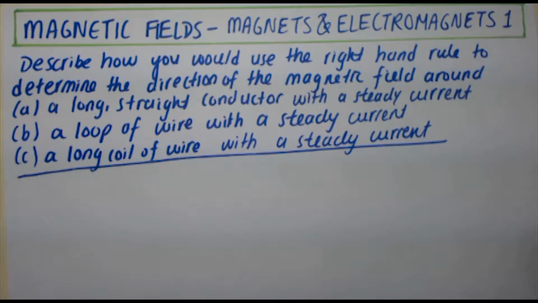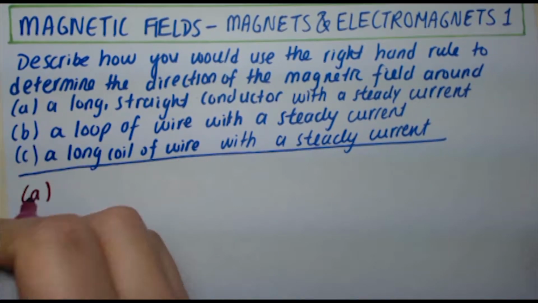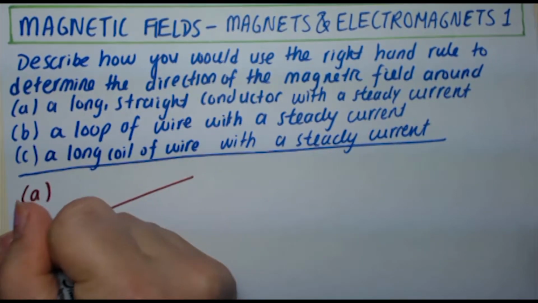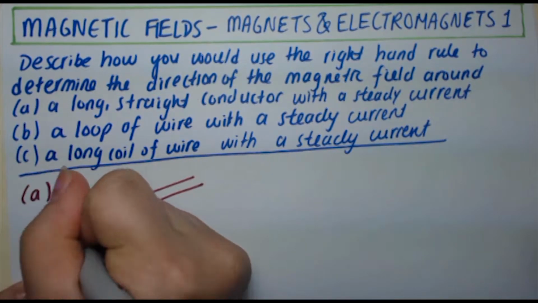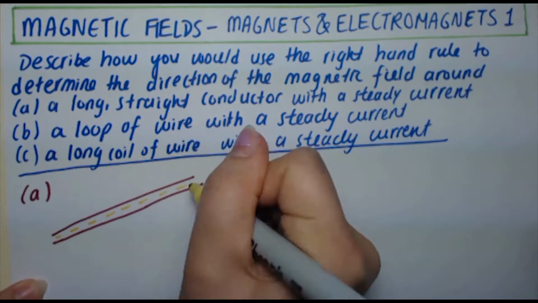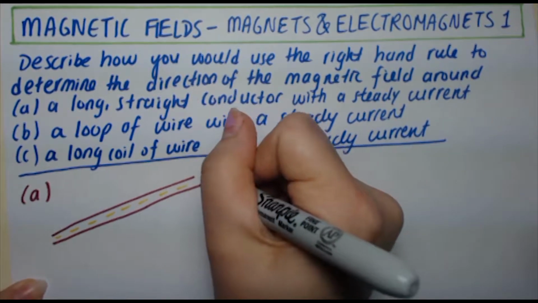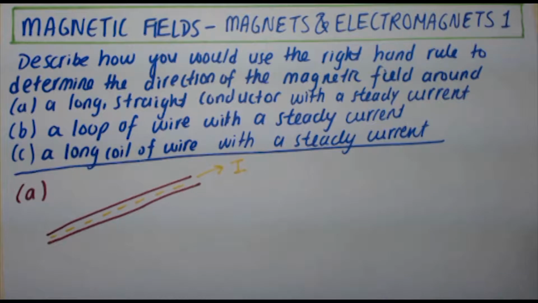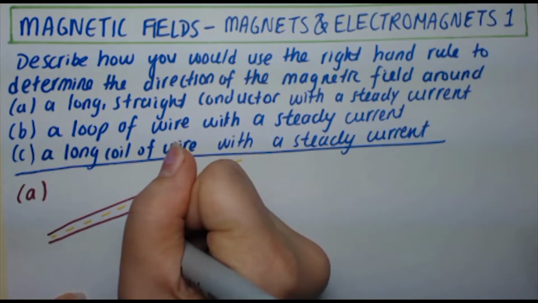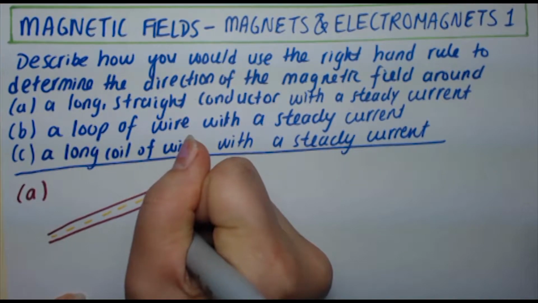Now let me attempt to draw this. So for part A, here is your long straight conductor. Any wire will do. And you've got the electrons in this wire. And we're told that the current is going towards the right. Now, for your hand, don't laugh as I attempt to draw this.